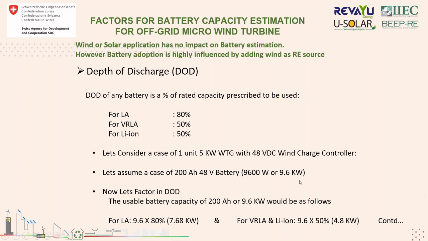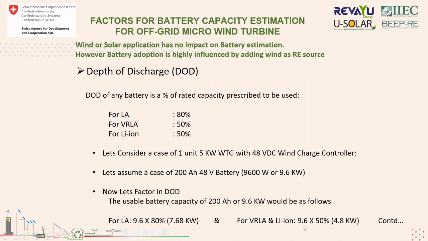That's the capacity of the battery. But with this DOD, what happens? You now multiply it with 0.8 or 80%. So this is the storage capacity of the battery that you can actually utilize. Beyond this, if you go, then you will compromise the life of the battery and even the performance. So for VRLA, it is 50%.